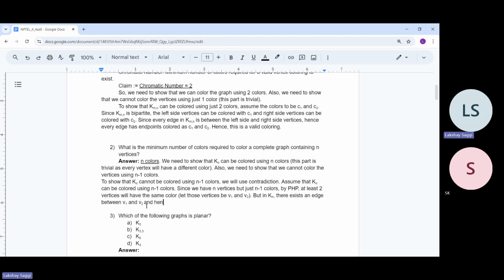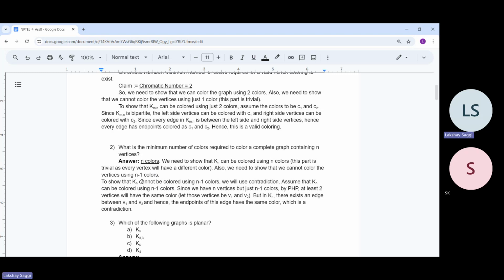And hence, the endpoints of this edge have the same color, which is a contradiction. Why is this a contradiction? Because in a valid coloring, for all edges, each endpoint should have a different color. But here we obtain an edge whose endpoints have the same color. So this is a contradiction.